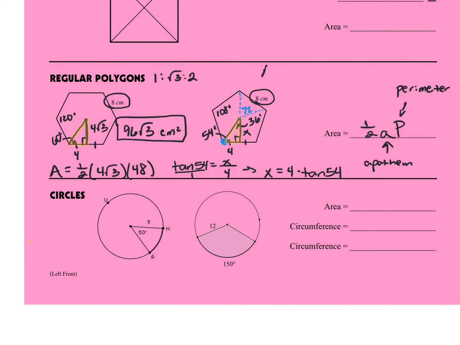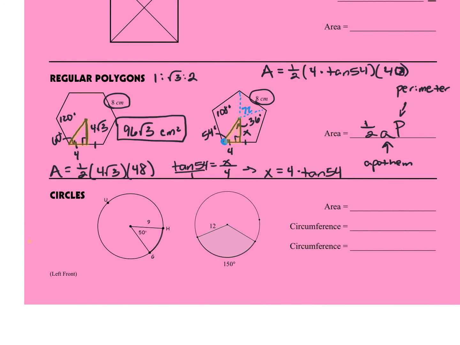We're going to say our area is going to be 1/2. We see that the apothem, we're going to use what we just found, 4 times tangent 54. And then we're going to fill in the perimeter of our pentagon. So now we have a side of 8, but there are only 5 sides, so our perimeter is now only 40.